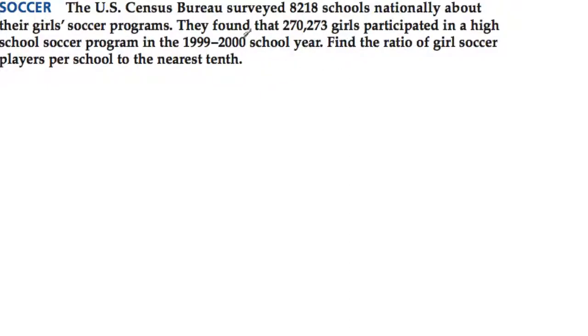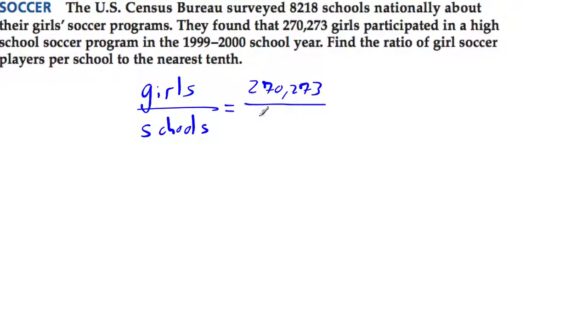So per school. So this would be the ratio of girls to schools. So we found that there were 270,273 girls participating in 8,218 schools. So this nearest tenth is kind of a giveaway that we're going to get a fraction.